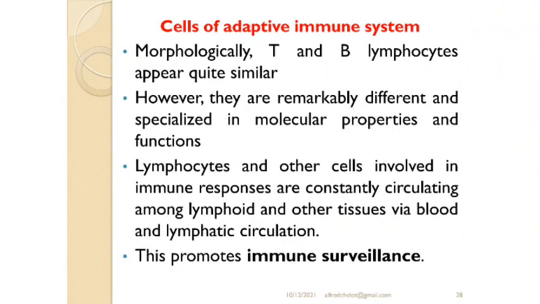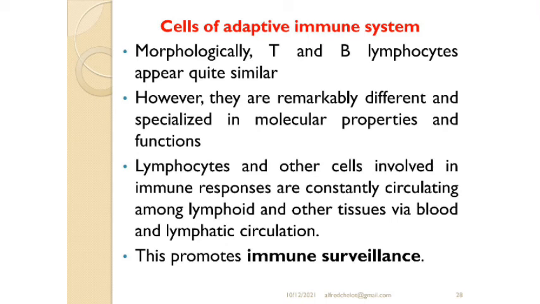Then we have to look at the cells of the adaptive immunity, which are made up of two cells, the T and the B lymphocytes. T and B lymphocytes appear different, and they are specialized in molecular properties and their respective functions.